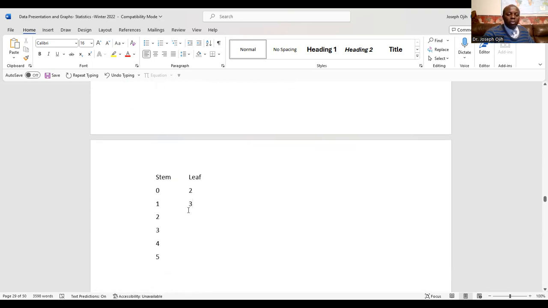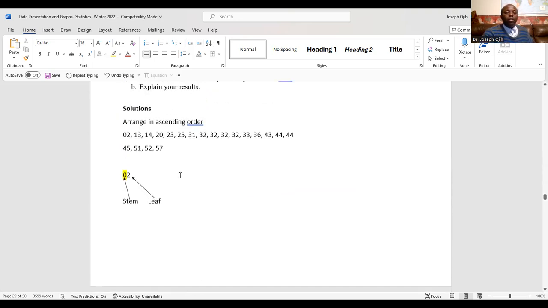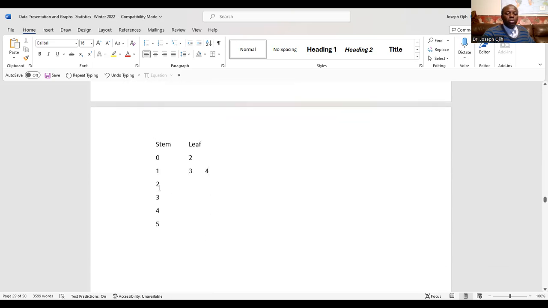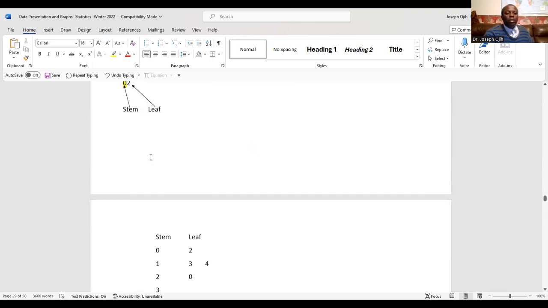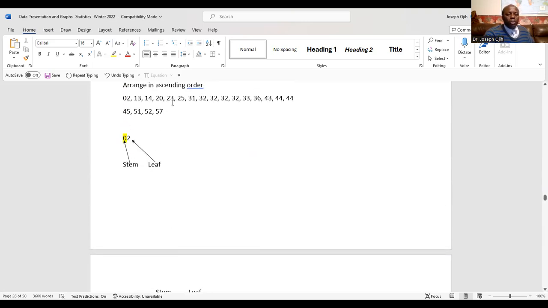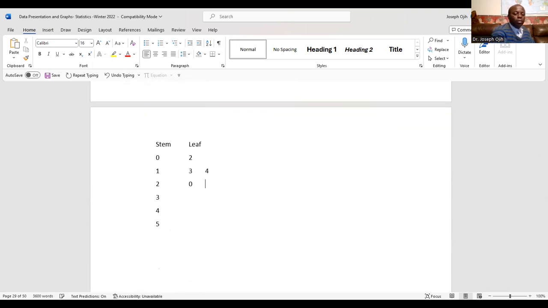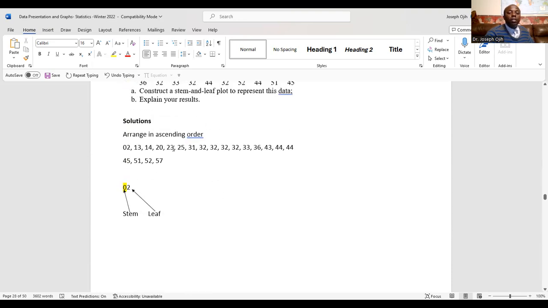So 1 is here already, so just 4. Then they have 20, 23, 25. So you put 0, 3, 5 next to the 2. That's it for that one.